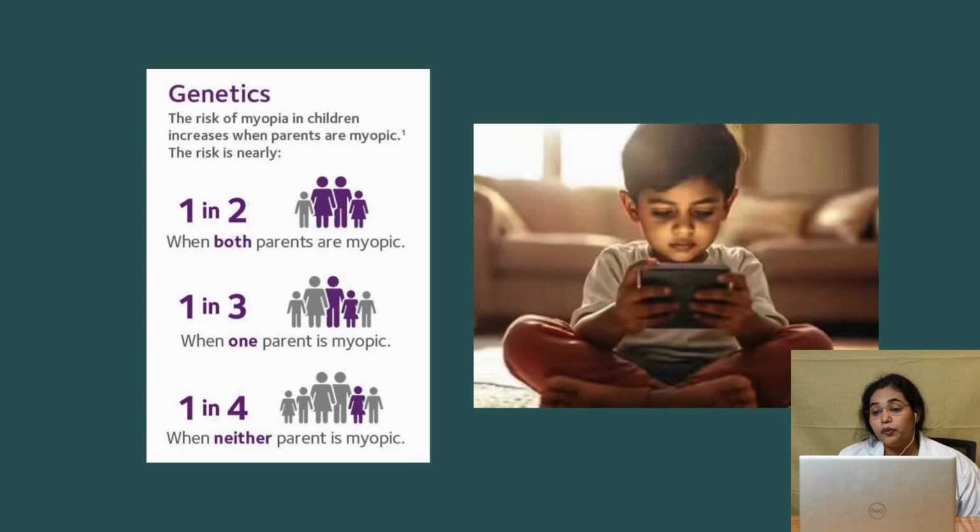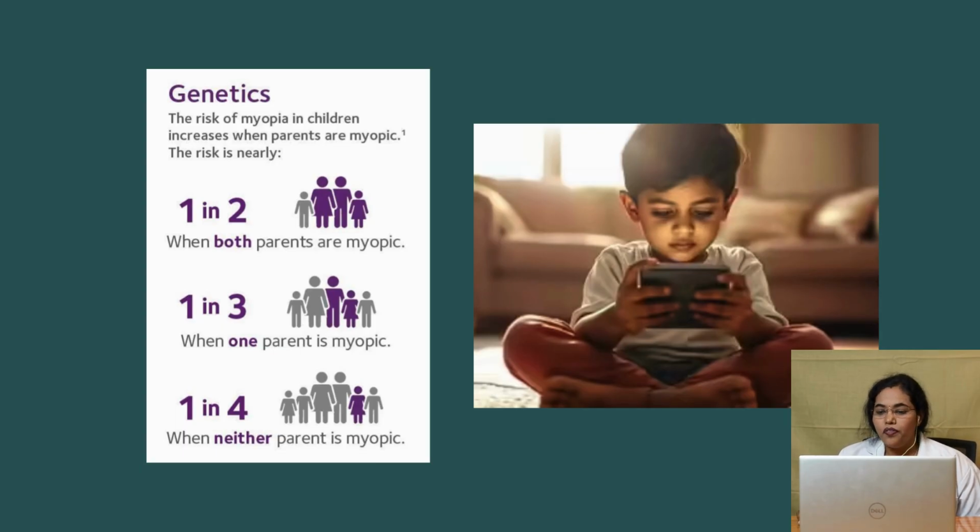If both parents are myopic, there is a 50% chance. So if you are myopic and you have children, please schedule an eye examination for your child just to understand if they have a problem or not.